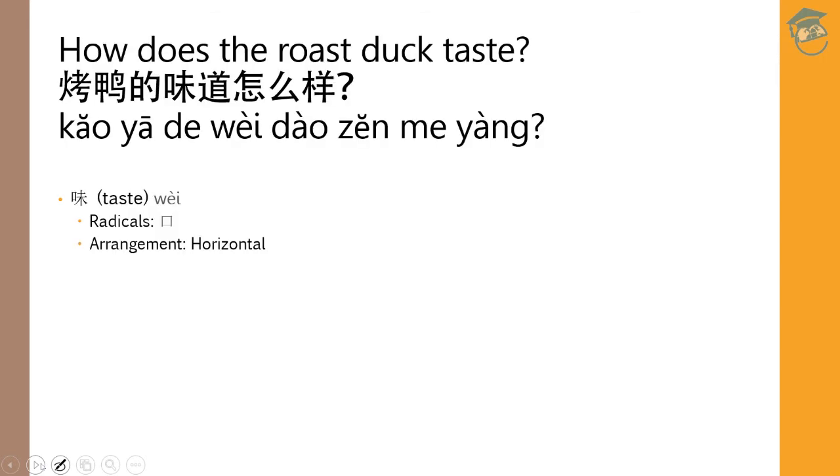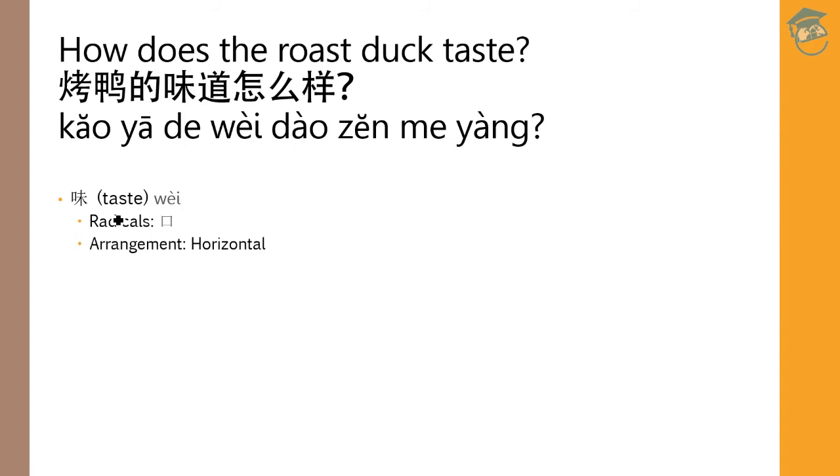Alright, and so Xiao Zhang is very concerned because it's the first time Susan is eating Beijing roast duck. So Xiao Zhang wants to know how the roast duck tastes. So he asks, 烤鸭的味道怎么样? Okay, so there's only one new word here, so let's look at it. The word is 味. 味 means taste, and sometimes it can also be used for smell.